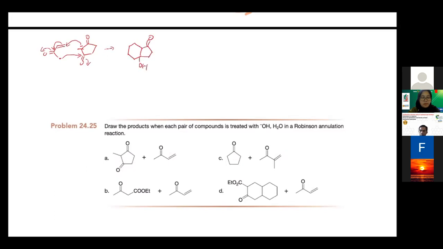Here, the elimination, double bond. Here, there is A, B, C, or yes, here, and yeah, same, alpha, beta.